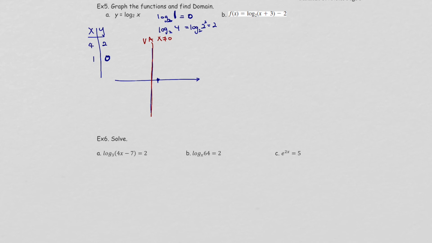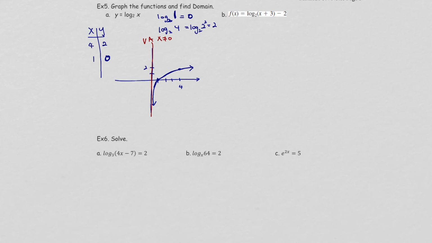And when x is 4, it will be 2. It gradually goes close to your vertical asymptote, but never touches or passes it, right? So that's how you can graph that equation.